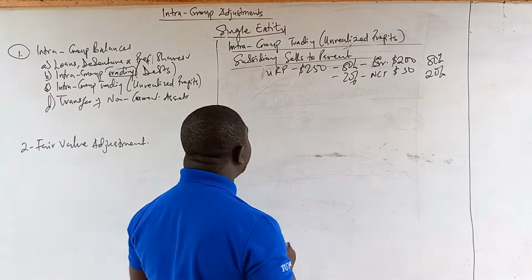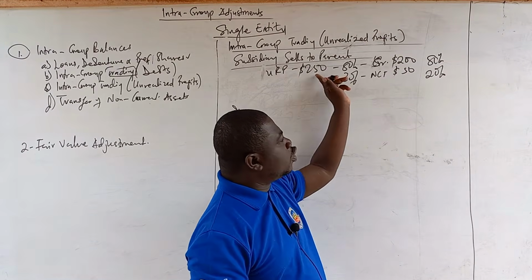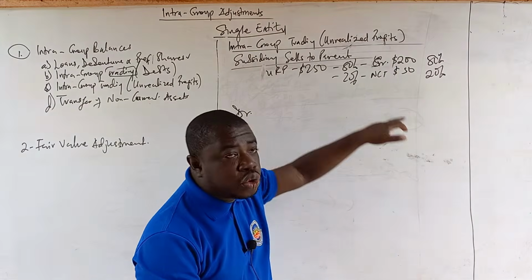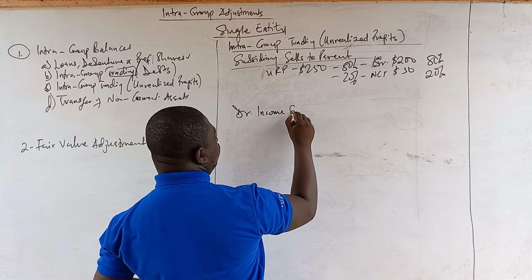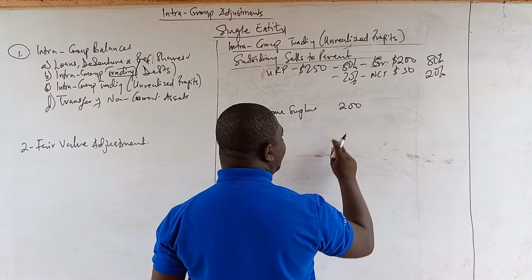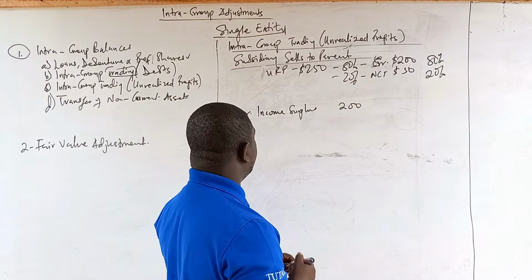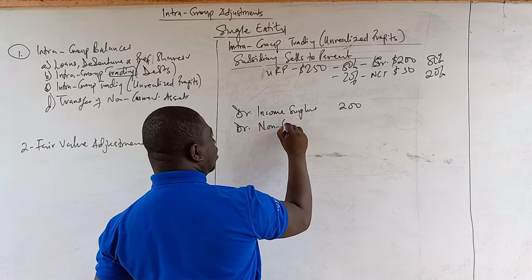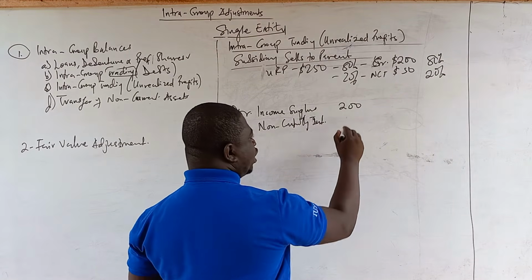Okay, so in this case, this is how it's going to be. When you are reversing something like this, if the unrealized profit is 250, but it is not the parent that sold, but rather the subsidiary sold to the parent, then you are going to debit your group income surplus with 200, meaning that all the 250 will not be subtracted from the group income surplus account. It will be 200. And then you also debit the non-controlling interest, which is the NCI, with 50.